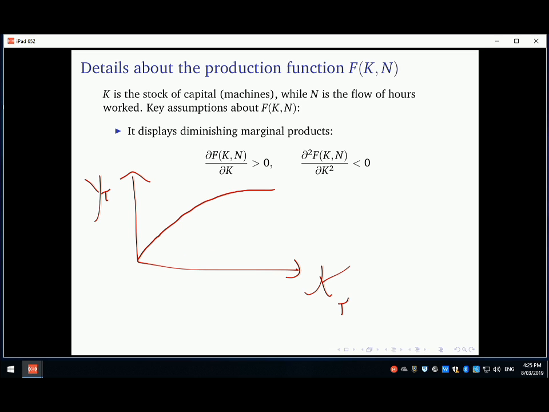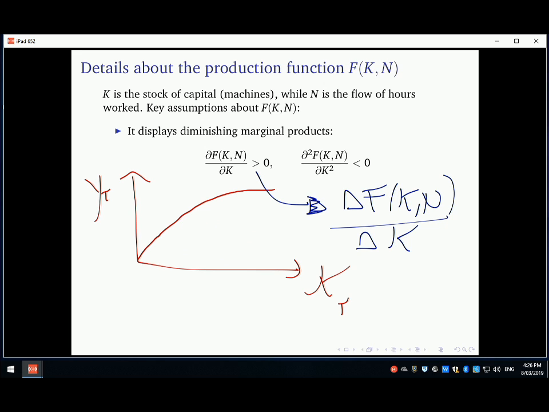delta F over delta K, that's how much production changes when capital changes, right? A professor I had in Virginia used to do this: this is like the change in F(K, N) when you change capital. So that partial derivative, you could think about that as a proxy for how production changes when you change capital. We know that's positive in that graph over there, right?